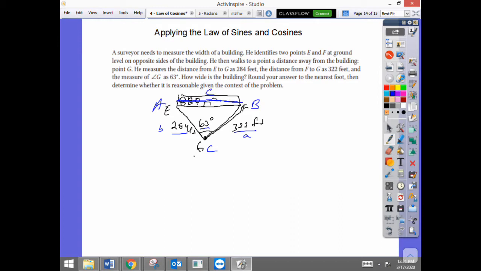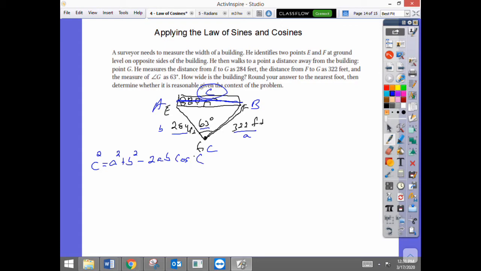What I'm trying to find is side C. Look at your formulas. Which formula is already solved for side C? That formula should look like this: c squared equals a squared plus b squared minus 2 times a times b times the cosine of C.